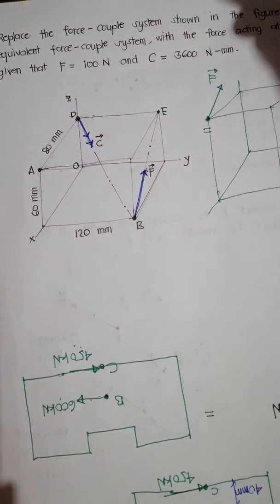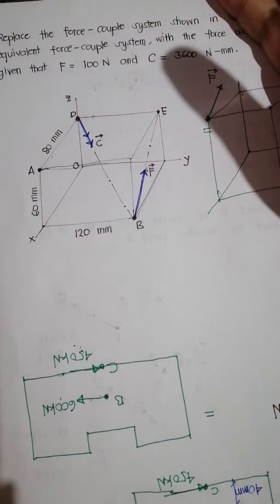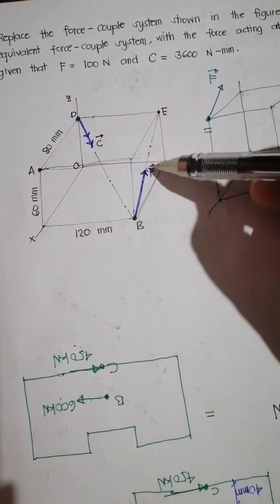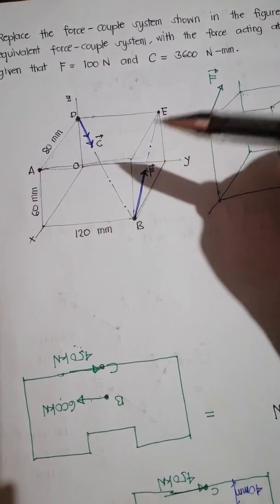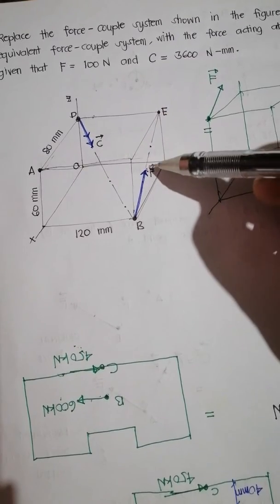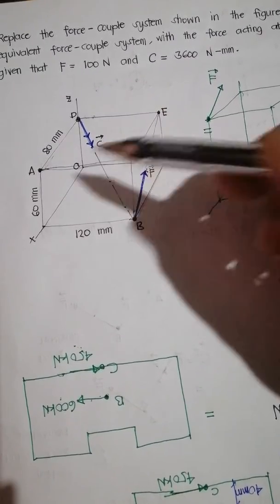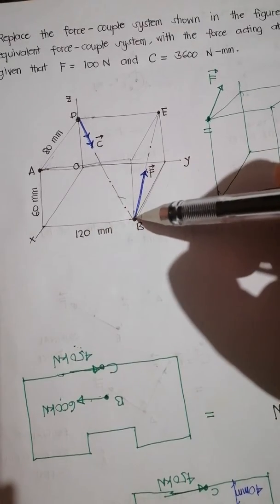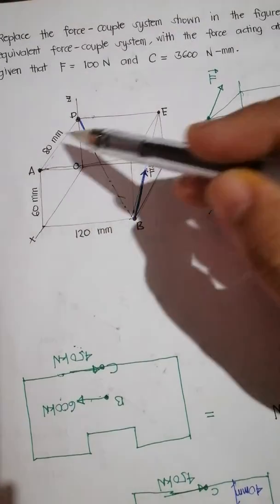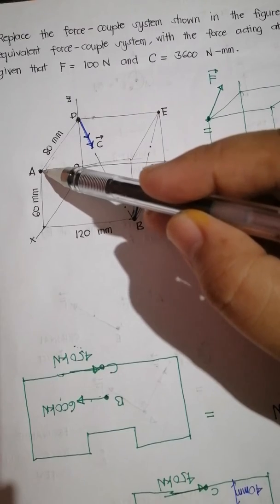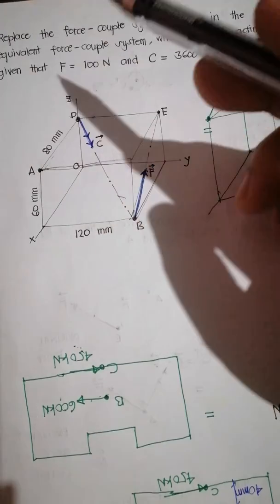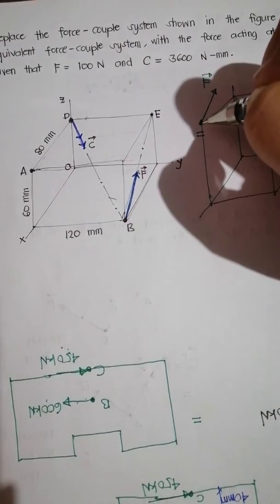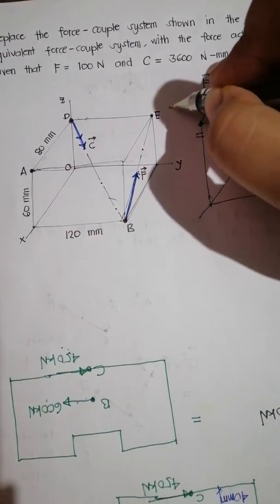You have to remember that the couple of transfer is always equal to the moment of the force vector about the transfer point. So if we get the moment of this force about its transfer point, which is point A, the couple of transfer will look something like this. So let us say this one.